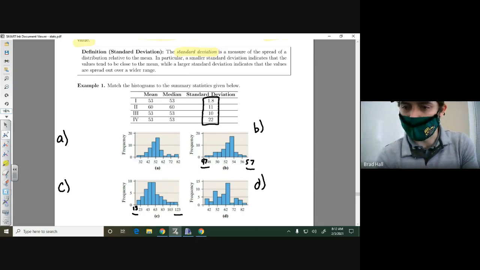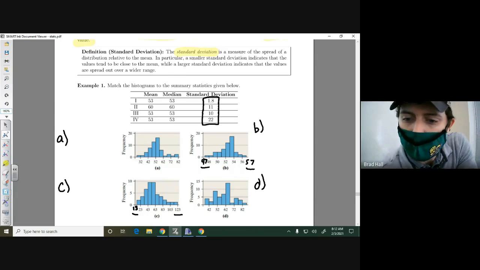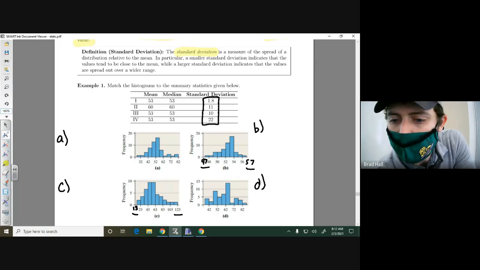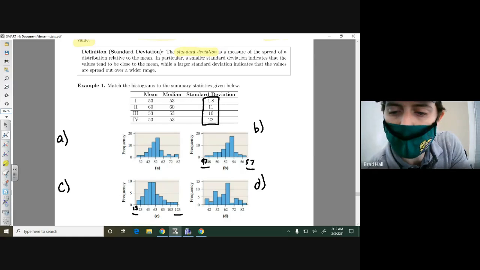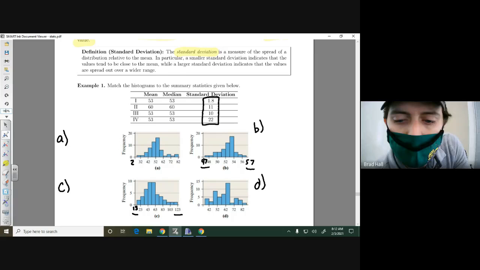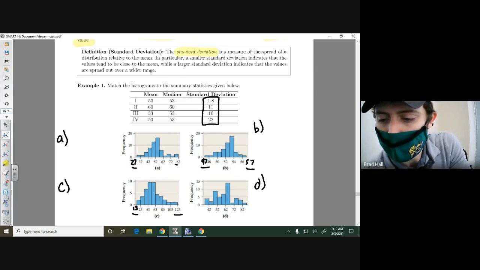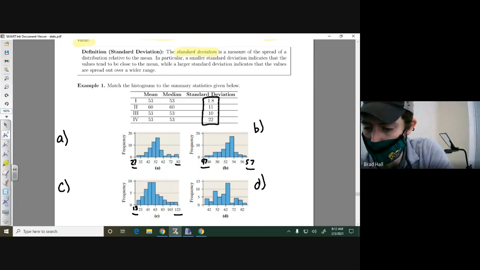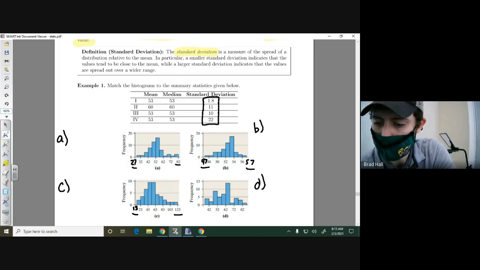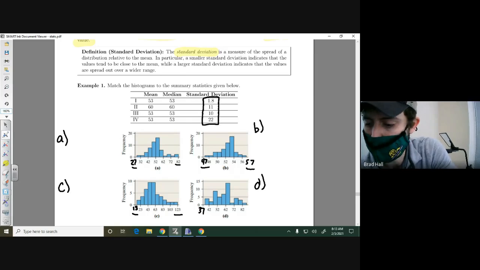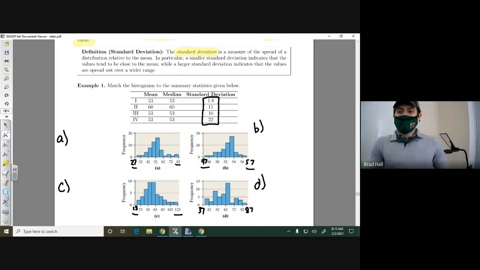And for A and D, that goes by increments of 5, 31, 30, 28, 27, 82. And then the last one also goes by 5, 40, 37. It makes sense that the one with the largest range should have the largest standard deviation because it has a lot of ground to cover.